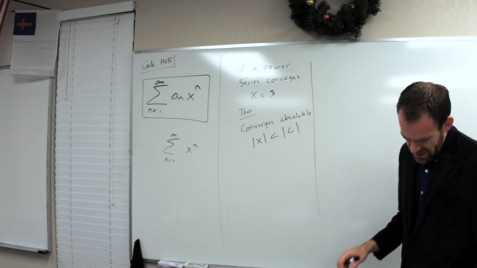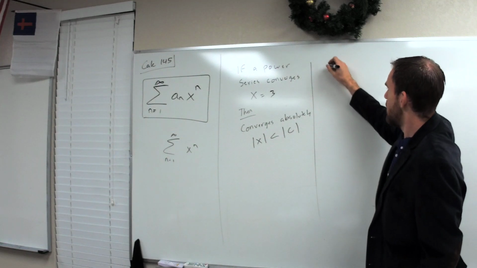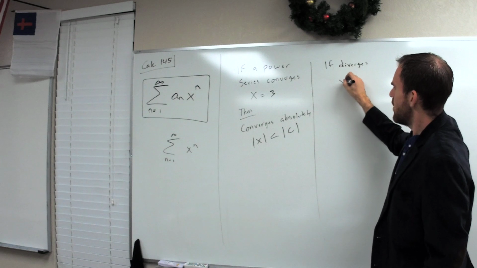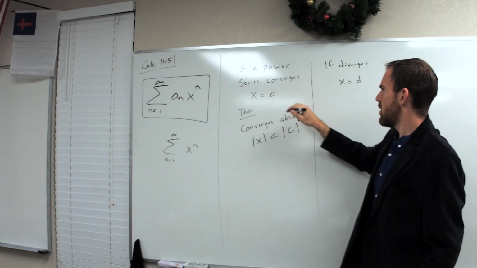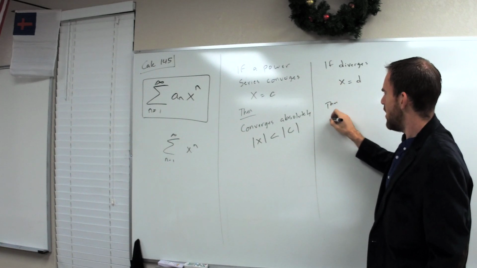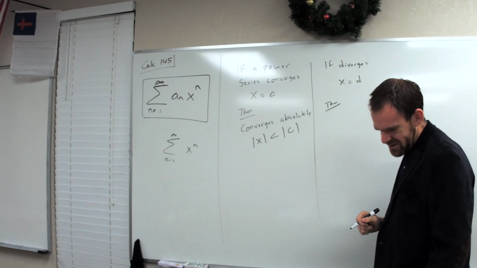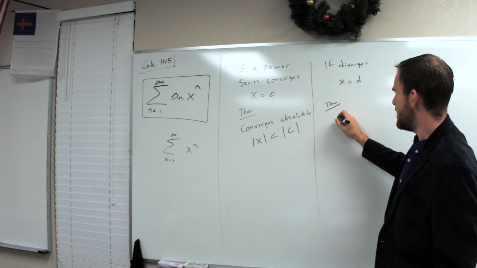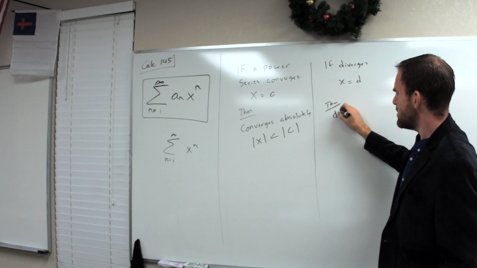Now, next we have the following. If a power series diverges for a number, let's say x equals d, then our series diverges for all x's whose absolute value is greater than the absolute value of d.